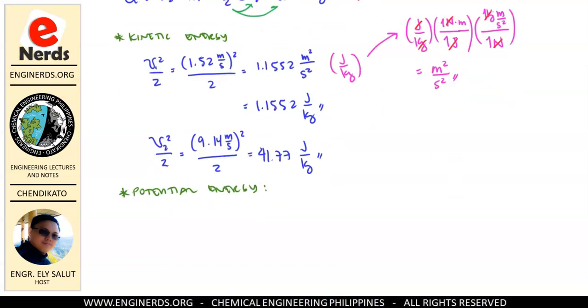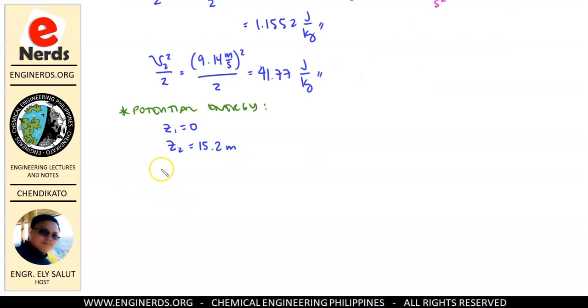But, ang kailangan natin makuha as per our equation is g times Z2. So our Z2, which is 15.2 meters, multiplied to the acceleration due to gravity, which is 9.81 meters per second squared.